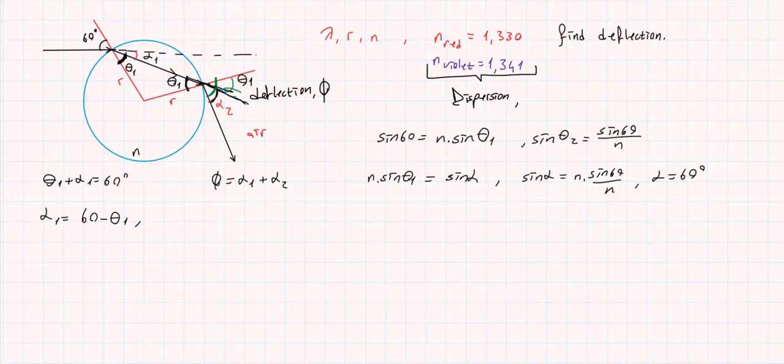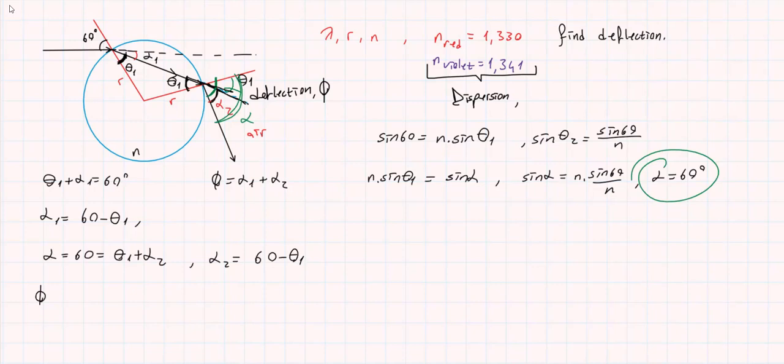But in general, this angle is alpha that I found here, 60 degrees. So I say that alpha, which is 60 degrees, will be equal to theta 1 plus alpha 2. This extra angle is alpha 2. The deflection angle is alpha 2. Then I can say that alpha 2 will be equal to 60 minus theta 1.